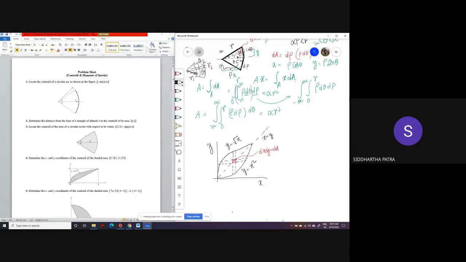Now let's say I'm interested in finding the integral of x bar A, which is basically the integral over area of x dA. When I say it is an integration over area, I'm showing a single integration, as if I have some means to directly integrate over an area.